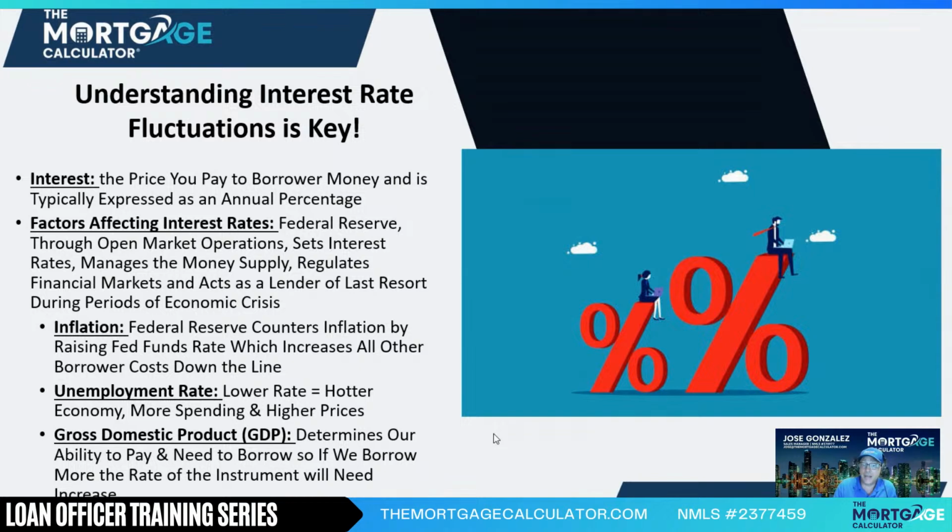It's not that difficult if you just follow certain indicators and understand what you're looking at. Usually that information is readily available on a lot of different websites, and it does change throughout the day. So, what is interest? Interest is the price you pay to borrow money, and is typically expressed as an annual percentage.